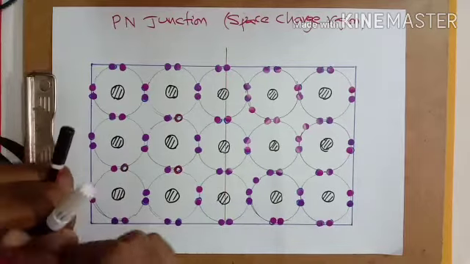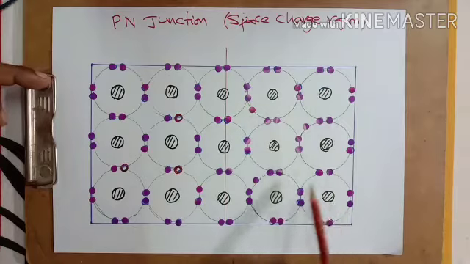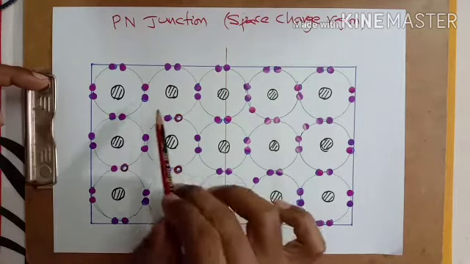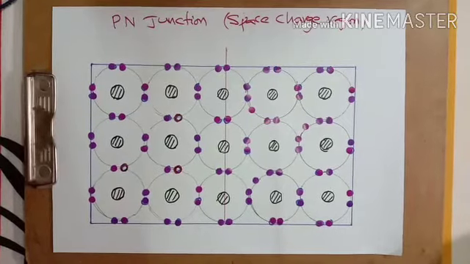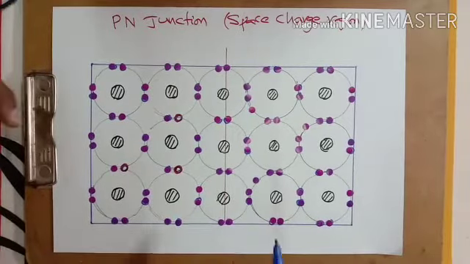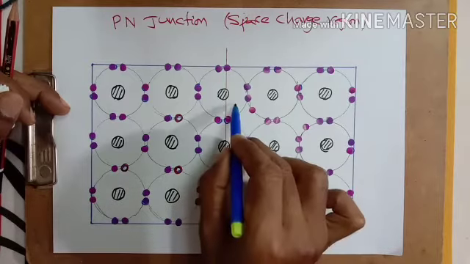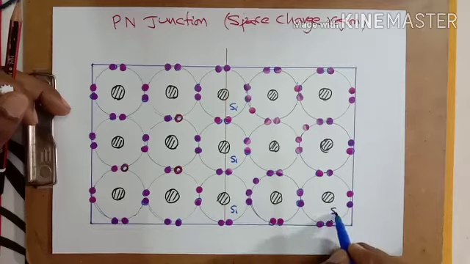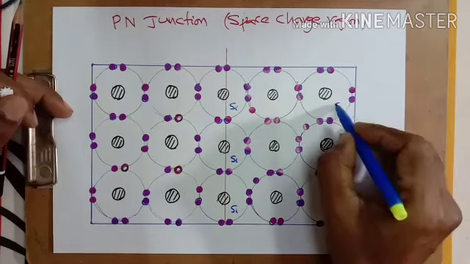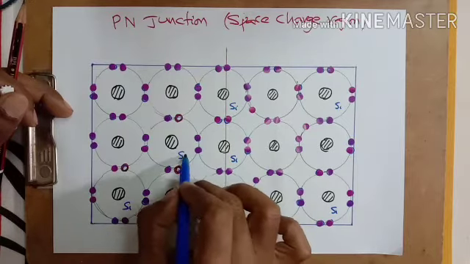So we can see different circles here: green circles, red circles, black circles. So green circles are silicon atoms. All these green circles are silicon.